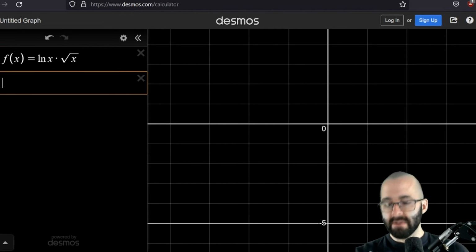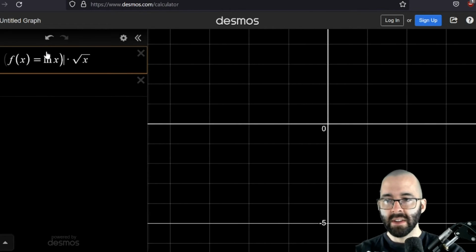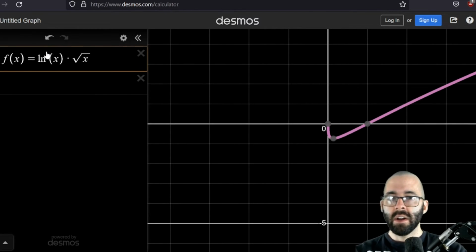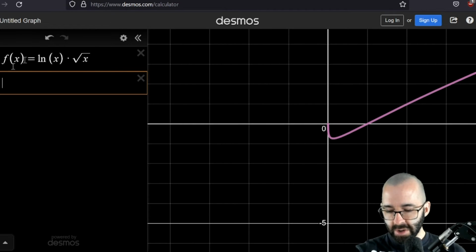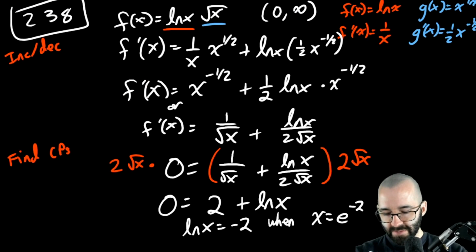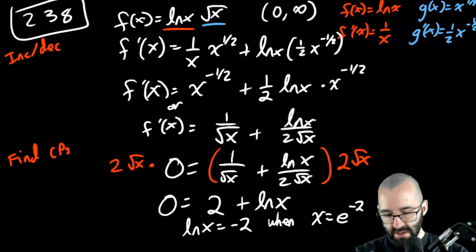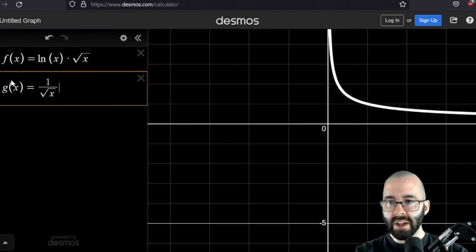Our derivative, I don't want to show this. I don't want spoilers. Our derivative is 1 over the square root of x plus ln x over 2 root x.